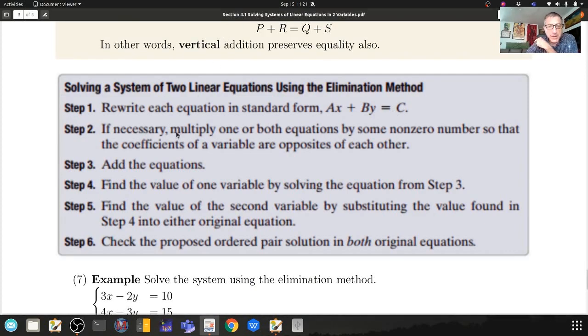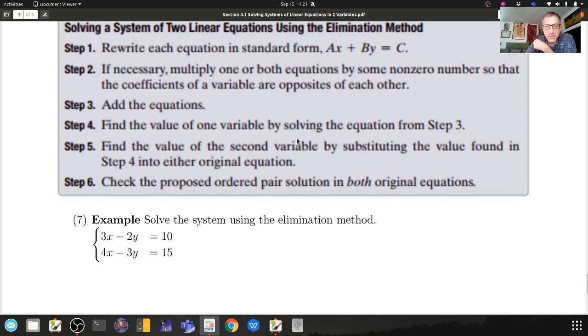If necessary, we can transform each equation by multiplying by some non-zero number so that the coefficients of a variable are opposites of each other, that is, additive inverses. That's going to be our second point. Again, this is something you need to see. Then add the equations, and find the value of one variable by solving the equation from step 3.